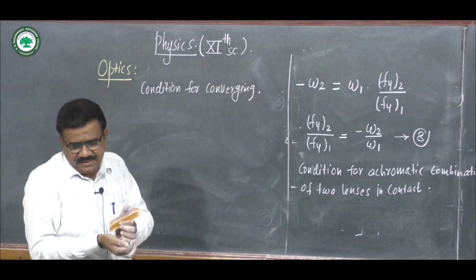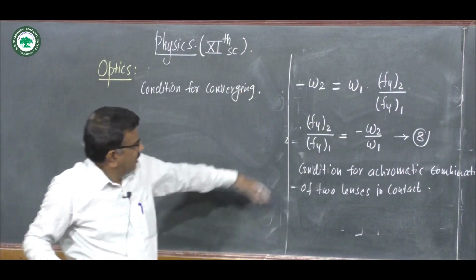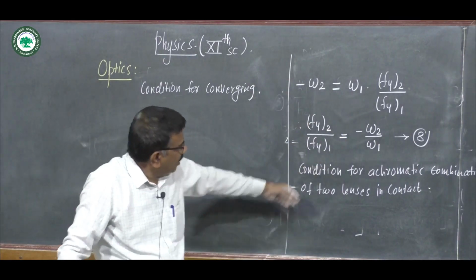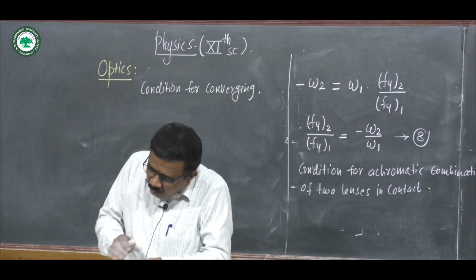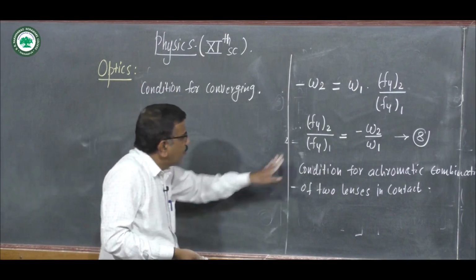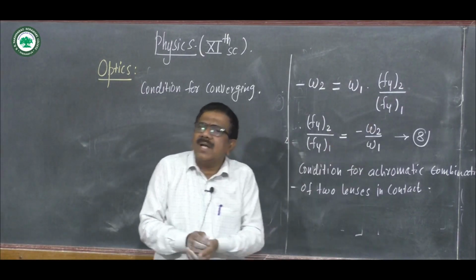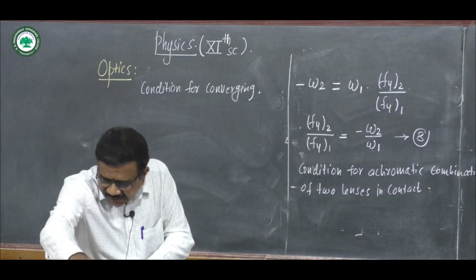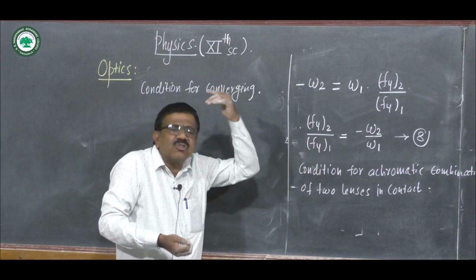See equation 8: Fy2 upon Fy1 is equal to minus omega 2 upon omega 1, but dispersive power omega is always positive. Dispersive power is not negative, it is always positive. These omega 1 and omega 2 are positive quantities, but from equation 8, due to the negative sign, one lens must be convex and the other is concave.